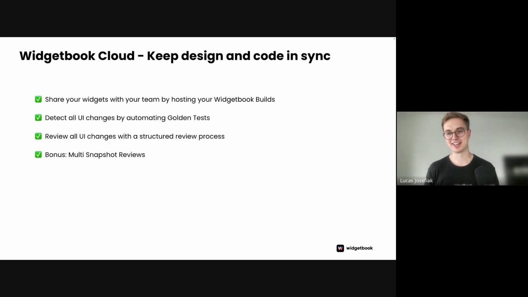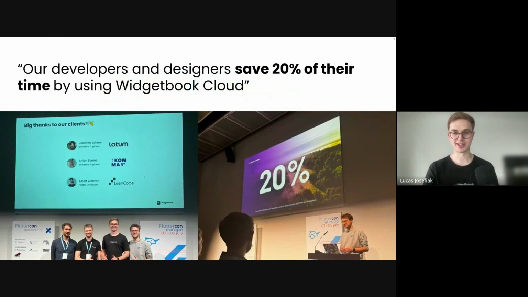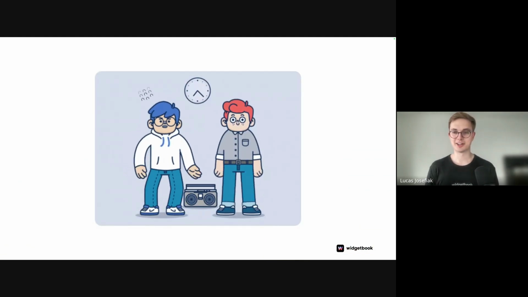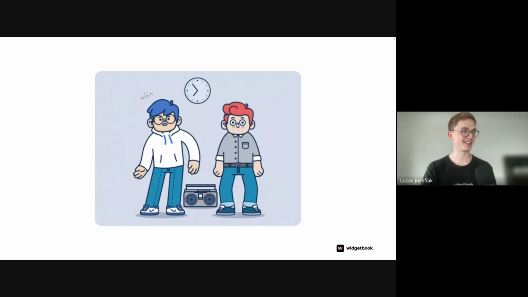And also, as a bonus, you were one of the first to hear and to see the multi-snapshot reviews in action. And with that, again, mentioning that our customers have been saving 20% of their time for both developers and designers through this process. And with that, your designers and developers can live happily together ever after, and even dance a bit together.